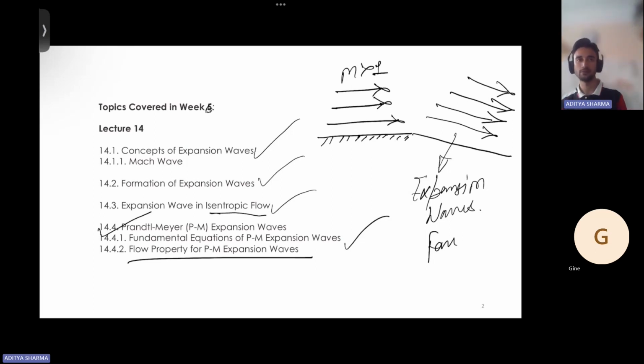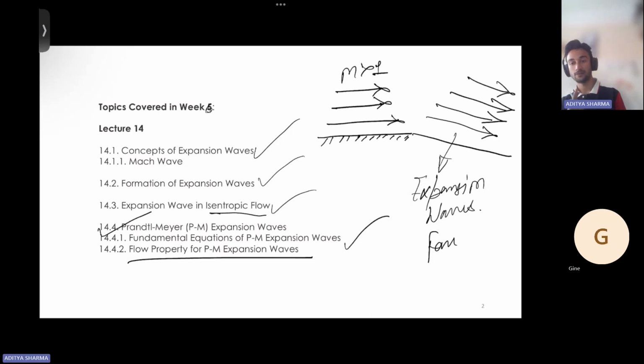For example, the static pressure: the name mentions that it is expansion, so the static pressure decreases. The same is the case for temperature: static temperature decreases, and static density also decreases.